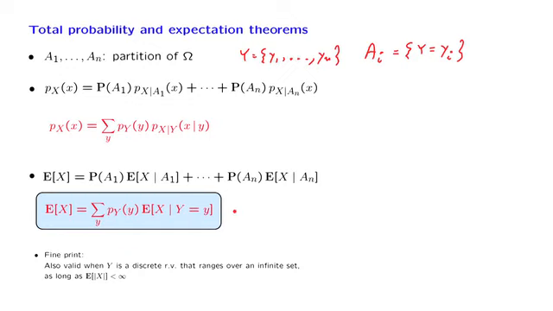But we will just take this fact for granted, that the total expectation theorem carries over to the case where we're adding over an infinite sequence of possible values of y. In the rest of the course, we will often use the total expectation theorem, including in cases where y ranges over an infinite discrete set. In fact, we will see that this theorem is an extremely useful tool that can be used to divide and conquer complicated models.